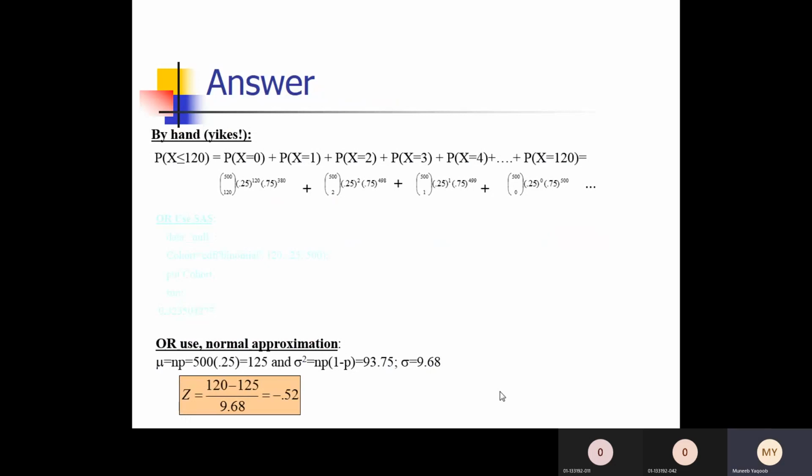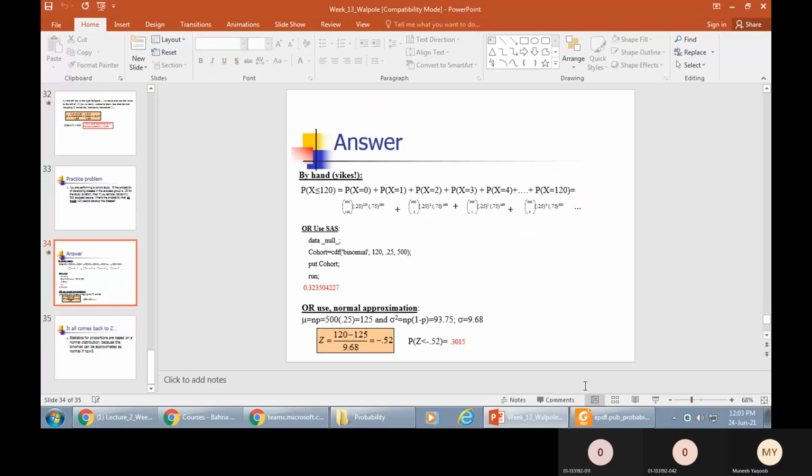Now you can compute this probability either with your calculator using the statistical mode, or using the standard normal distribution table provided in the book. So let us calculate the probability using the standard normal distribution table.